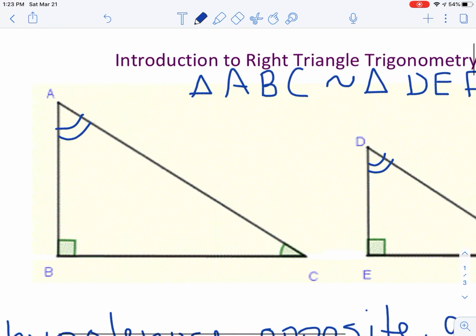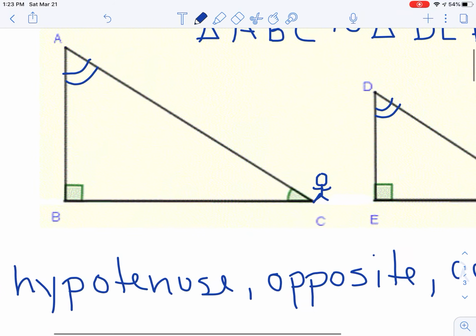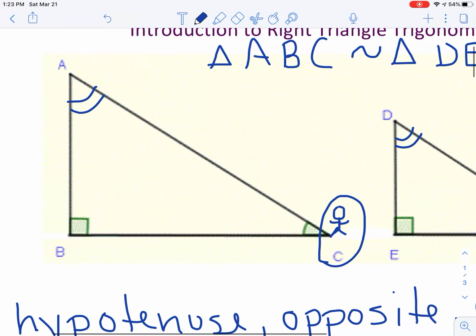So if I am standing at this angle, so if my reference angle is angle C, the hypotenuse is always across from the right angle. Now, if you're standing over here at C, which side is going to be opposite you?